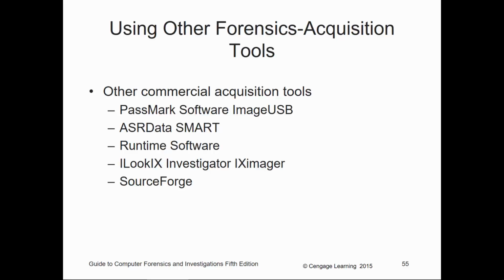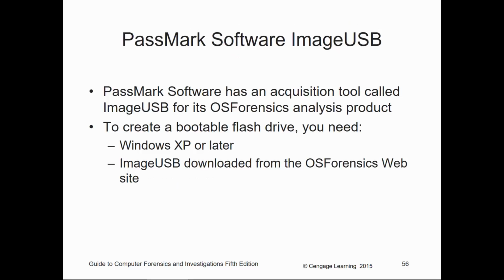Things like iLook or SourceForge or PassMark. PassMark software ImageUSB. On the fly, it's workable. PassMark does an acquisition tool. It allows us to do an ImageUSB for its OSF forensics analysis product.